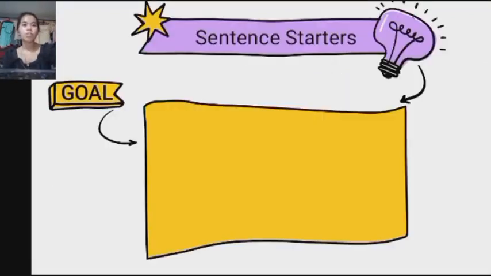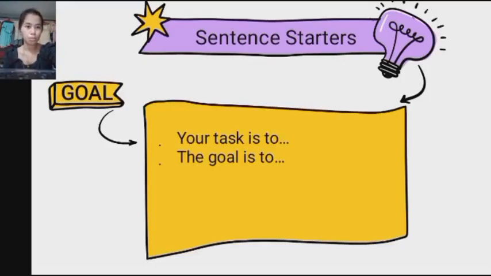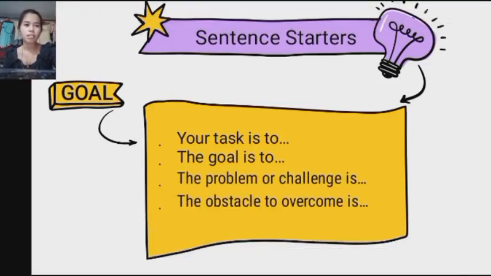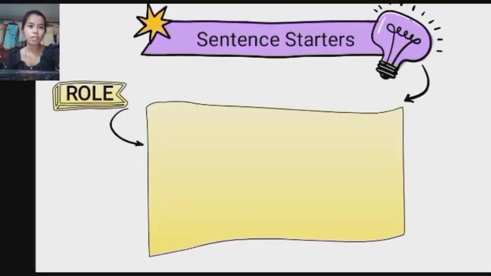So the goal usually starts with these lines. Your task is to, the goal is to, the problem or challenge is, and the obstacle to overcome is. So for the role, these are the starters of the sentence.